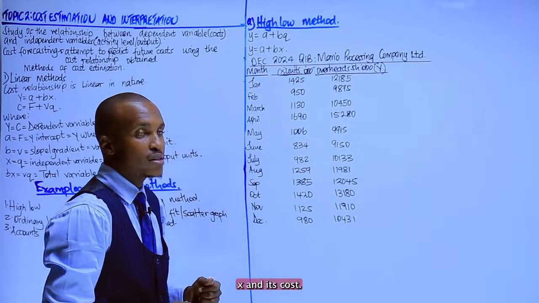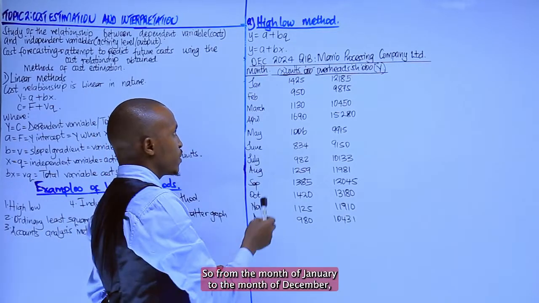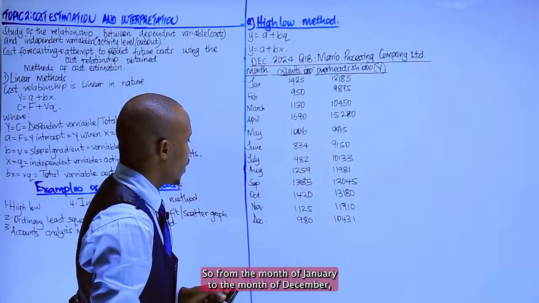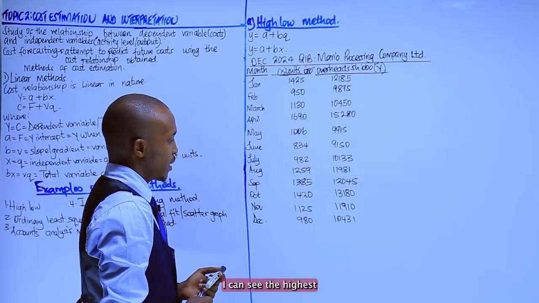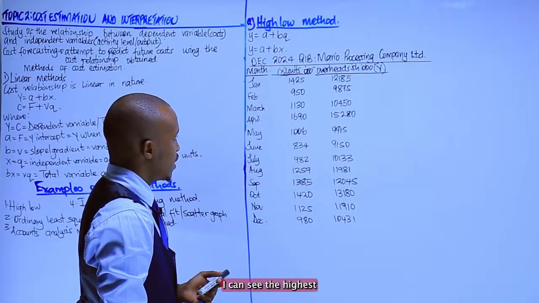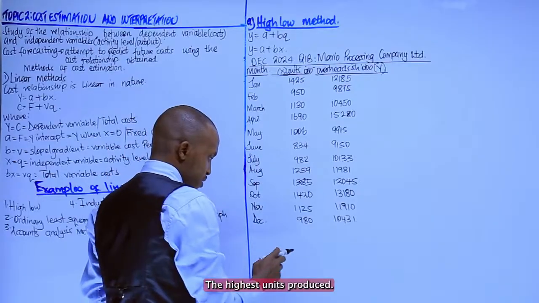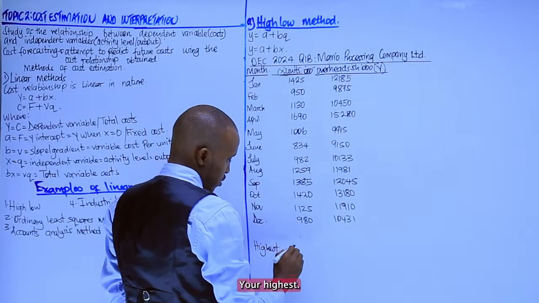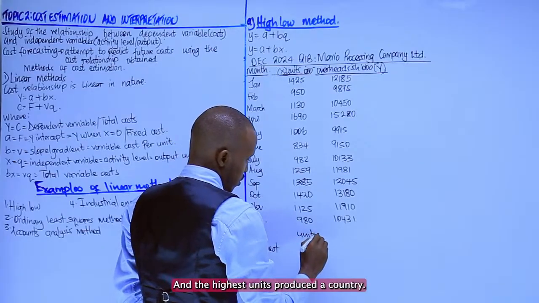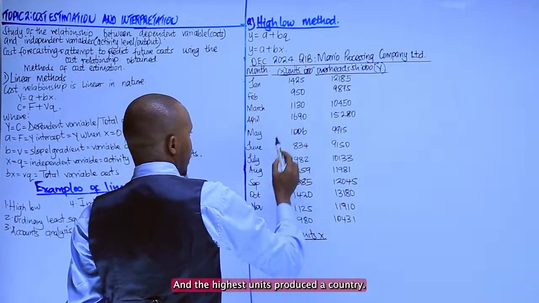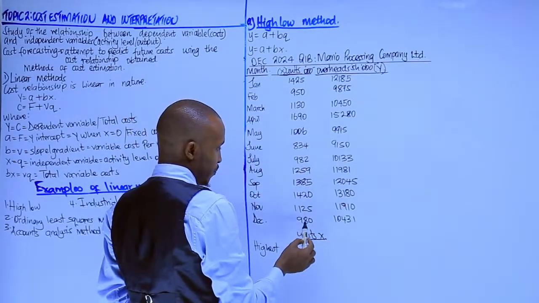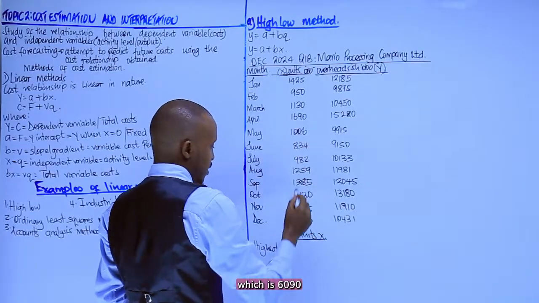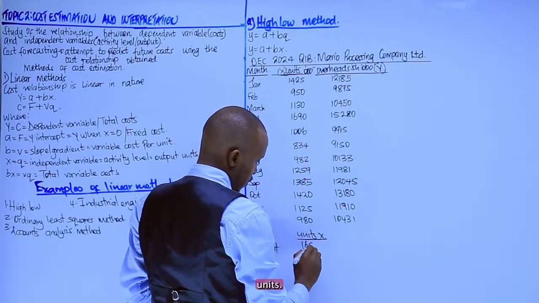X and its cost. So from the month of January to the month of December, I can see the highest units produced, I can see there the month of April, which is 1690 units.